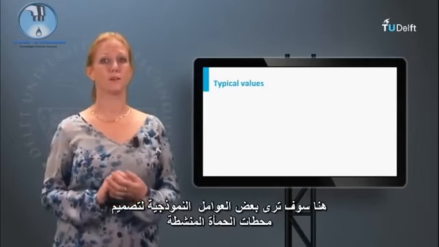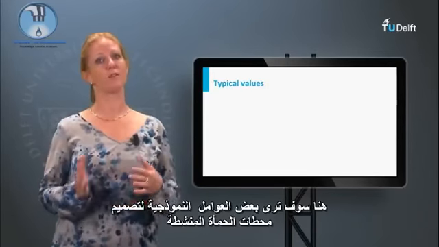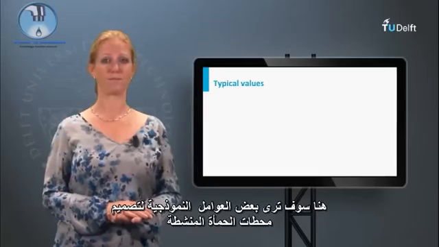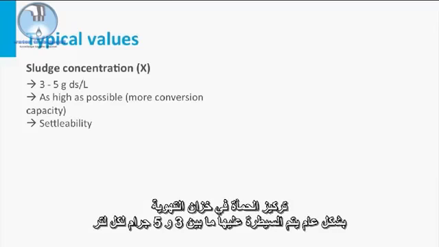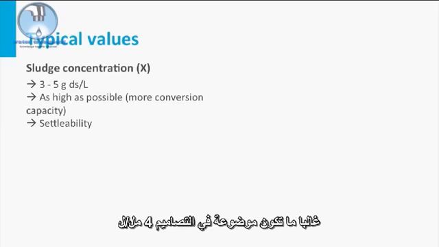Here you will see some typical design parameters for activated sludge plants. Sludge concentration in the aeration tank is in general controlled between 3 and 5 grams per liter. Designs are often made at 4 grams per liter.